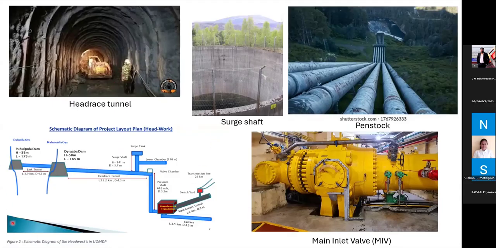And here I have included a schematic diagram of the Uma Oya tunnel structure, the tunnel layout. You can see there are two dams in the Uma Oya scheme, Puhulpola Dam and the Dambara Dam, and the two dams are interconnected with a linking tunnel. The main headrace tunnel has a very low inclination.